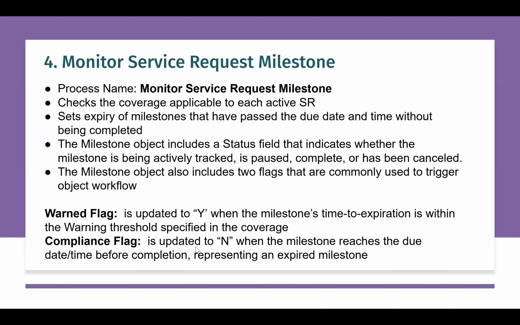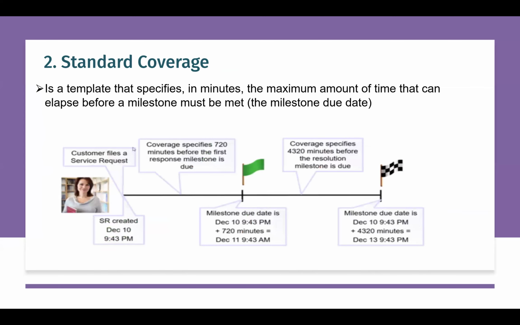The compliance flag is updated to N when the milestone reaches the due date. That means a milestone due date will be calculated. Let's say December 11, 9:43 a.m. is the due date.